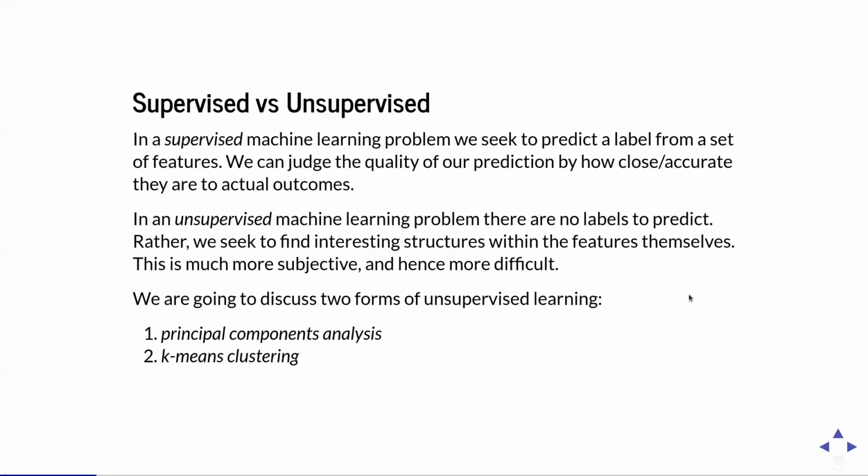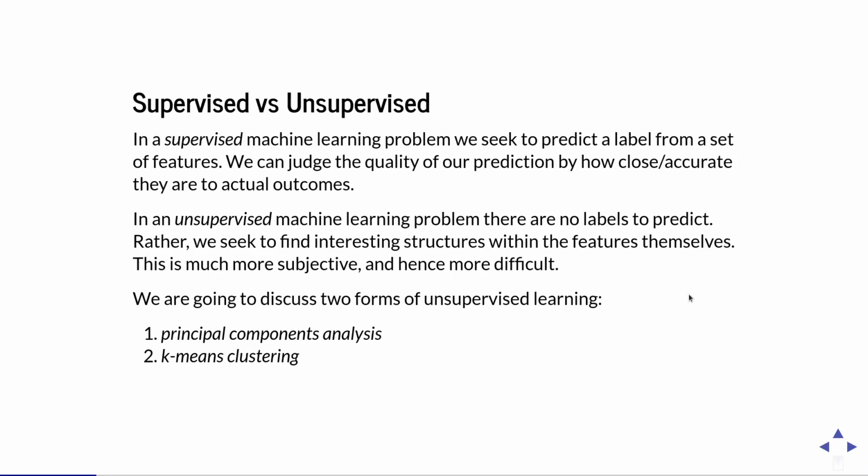In a supervised machine learning problem, what we're trying to do is predict a label from a set of features. And it's somewhat straightforward to judge the quality of our prediction by how closely or accurately our predictions match the actual outcomes. Unsupervised learning is a little bit different in that there are no labels to predict.